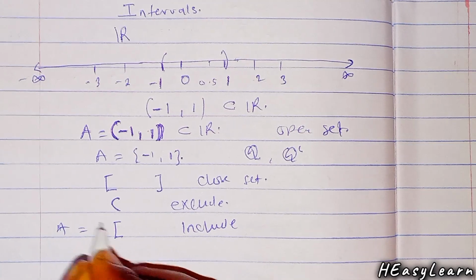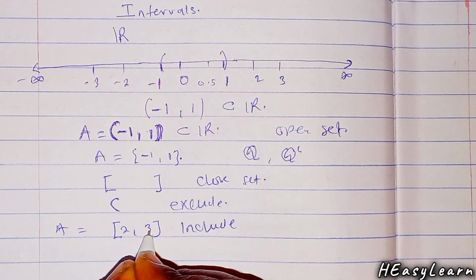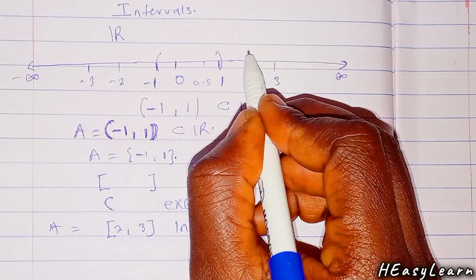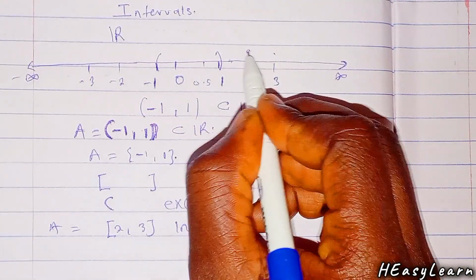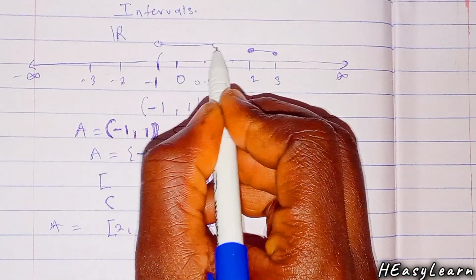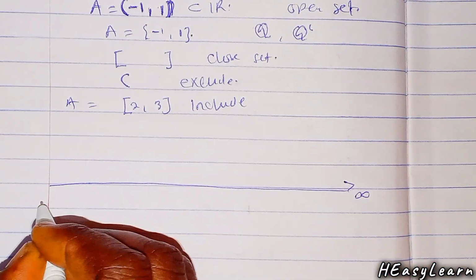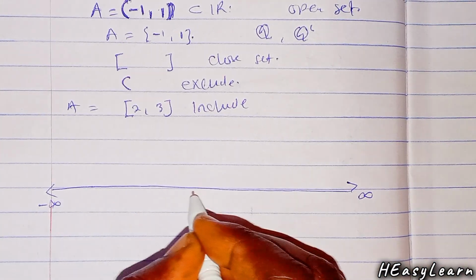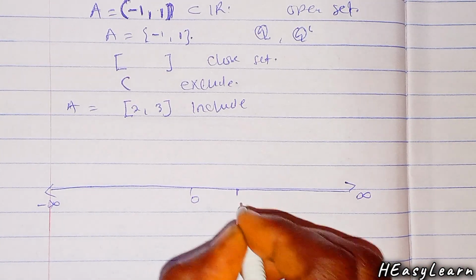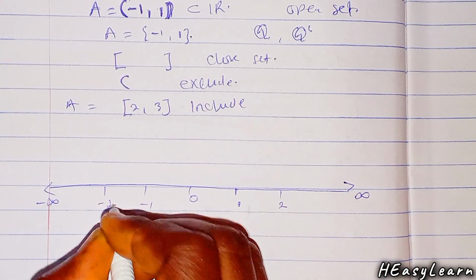If we say A equals (2, 3], how do we represent this on the number line? From 2 to 3, 3 is included, but 2 is excluded. So consider this number line called the real numbers. This is the middle, called 0. Here is 1, here is 2, here is minus 1, here is minus 2.